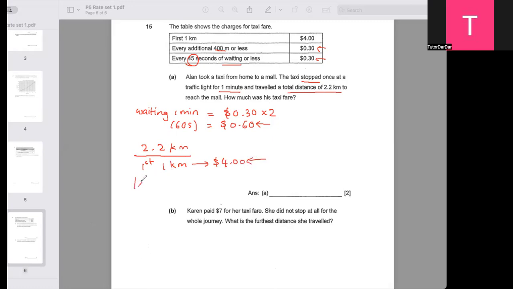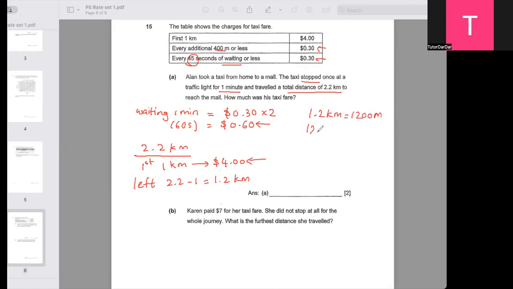Then we are left with how much? 2.2 kilometer minus 1 kilometer. So 2.2 minus 1, we are left with 1.2 kilometer, correct? And you know that 1.2 kilometer is equal to 1,200 meter.